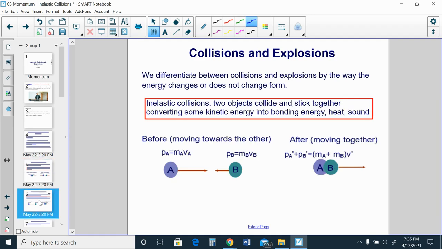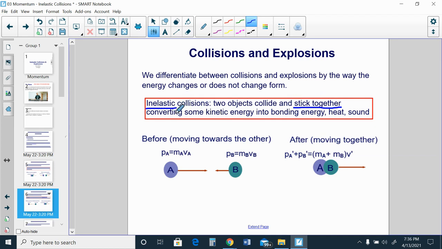Now, there are two types of collisions that we'll be taking a look at, and collisions are when the objects move together and hit. With an inelastic collision, we have two objects colliding, and then they stick together.